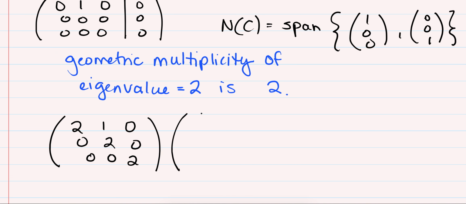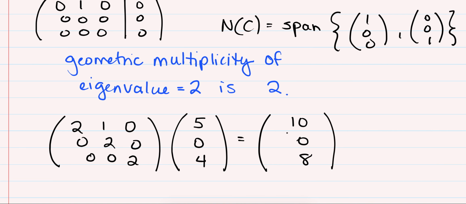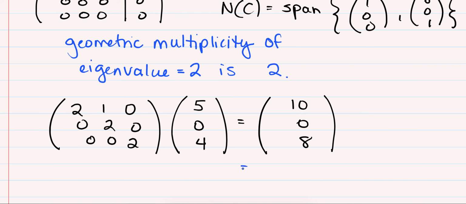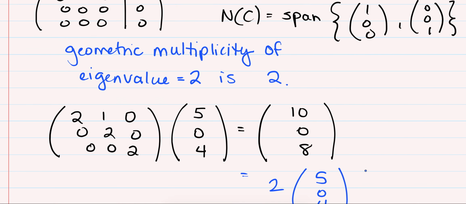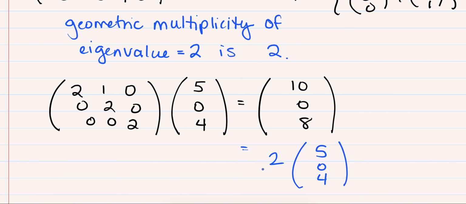I'm going to say the vector 5, 0, 4, which is 5 times this one and 4 times this one. Let's multiply this. We get 5 times 2, which is 10, plus 0 plus 0, then 0, 0, 0, 0, 0, 8. And you can see that this vector here is equal to 2 times 5, 0, 4. So it does, in fact, belong to this eigenspace, the span of these two vectors, and is associated to this eigenvalue.